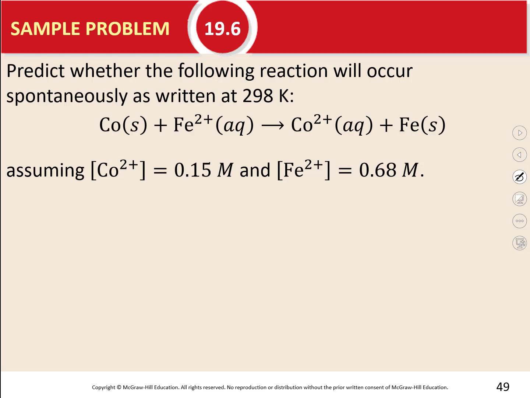So let's first of all calculate what Q is. Q is the reaction quotient, which means it is the products over reactants, either their concentrations or their pressures of their gases.